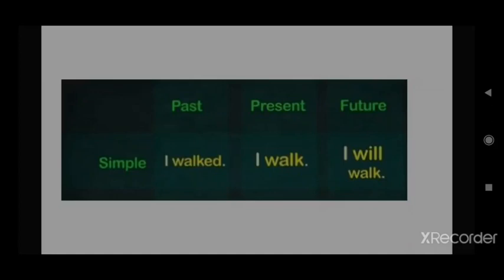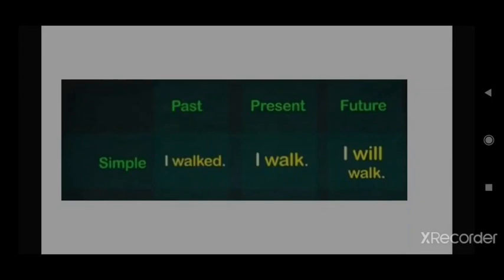Once again I tell you, look at the image. I walked, I walk, I will walk. The first one walked, the second one walk, the third one will walk. So students, a verb is used to express when an action happened, happens, will happen.